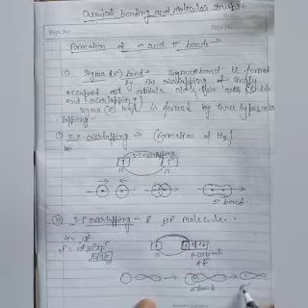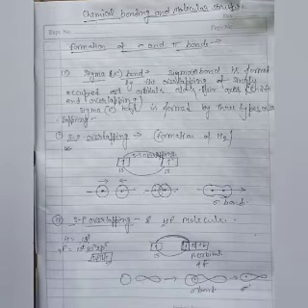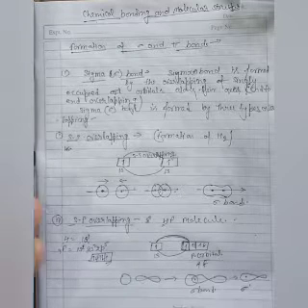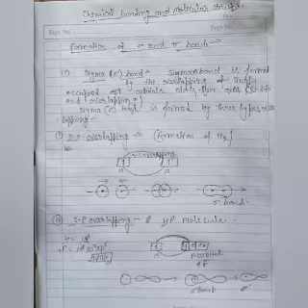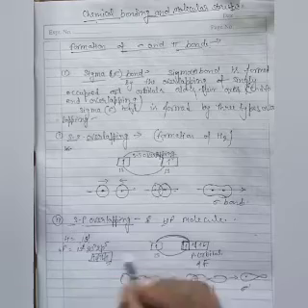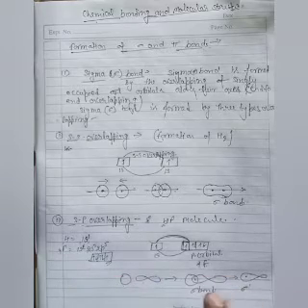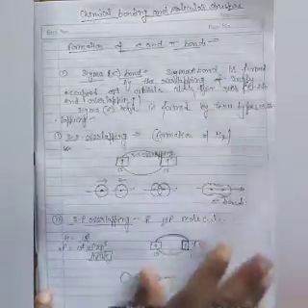We learn here that when the overlapping takes place at the axis, either by s-s overlapping or by s-p overlapping, a sigma bond forms. The next one is p-p overlapping.